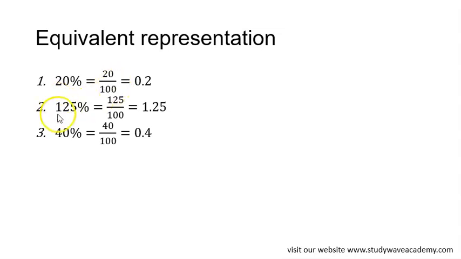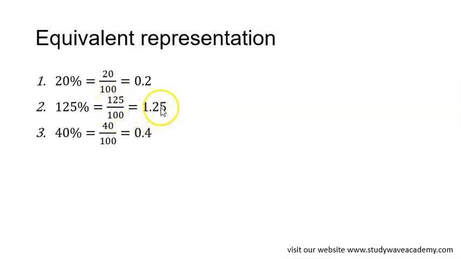Here we have 125%. 125% is equivalent to 125 over 100. This is the same as this, is equivalent to this. And this can also be written as decimal 1.25. You know how we got the 1.25? Move your decimal, 1, 2. There are two zeros, so it stops here, 1.25.